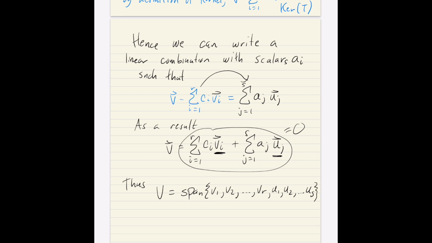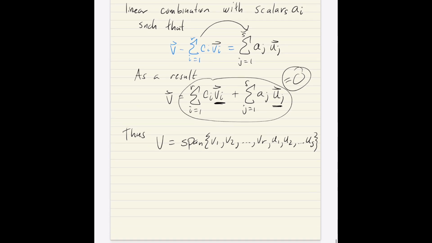And I should have said, if we set this equal to 0, the only way that's going to be true is if all of the constants Ci and aj are equal to 0.